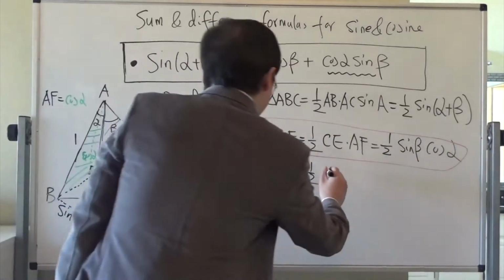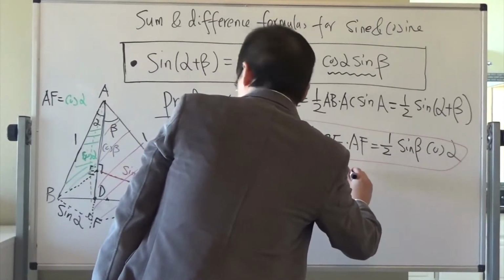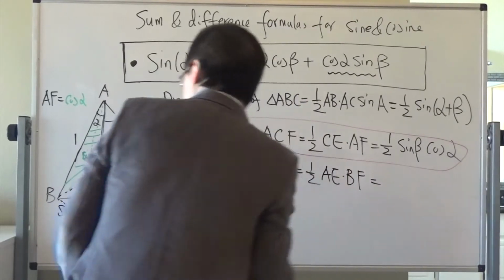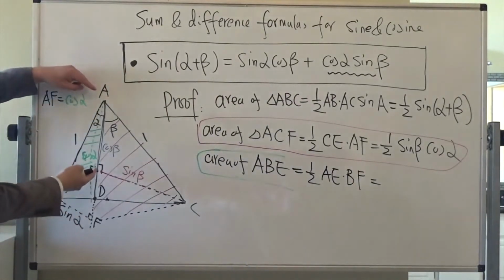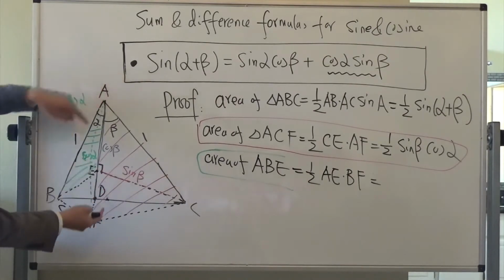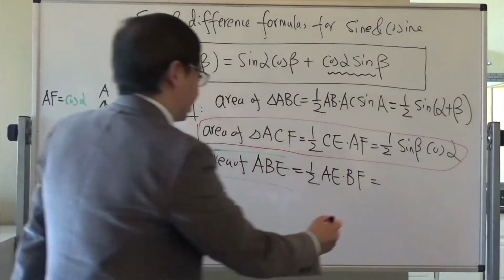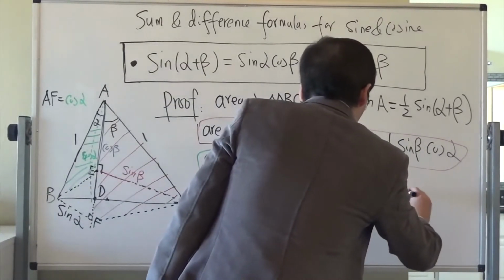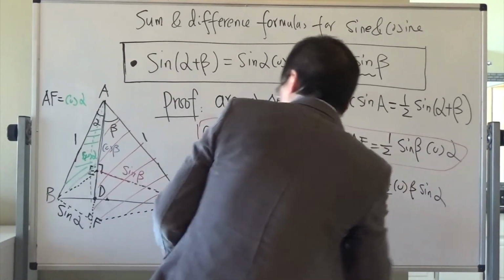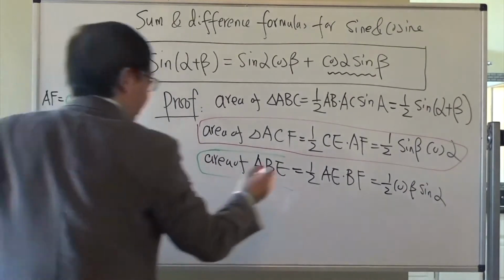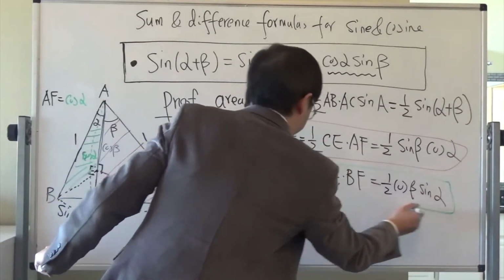So that's AE times BF. AE is cosine beta, and BF is sine alpha. So this equals 1/2 cosine beta times sine alpha. That's what we have.